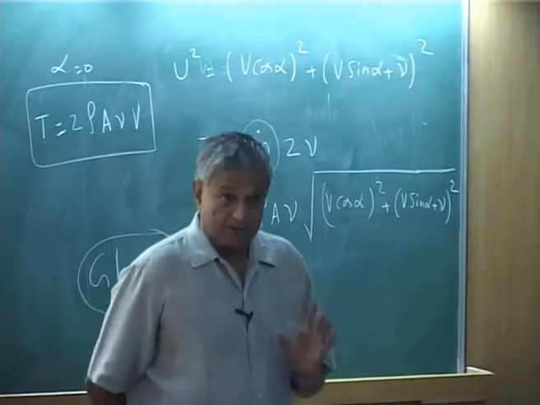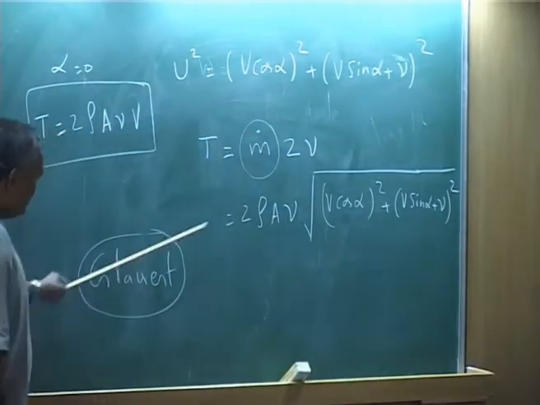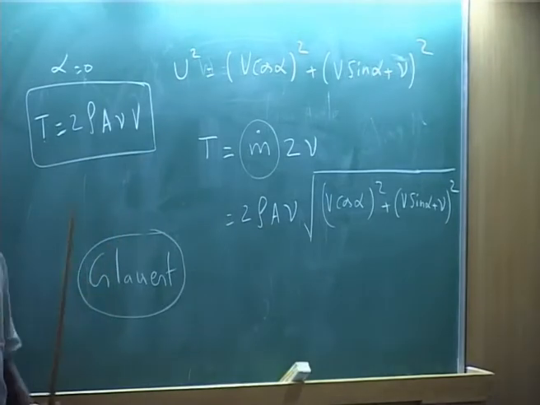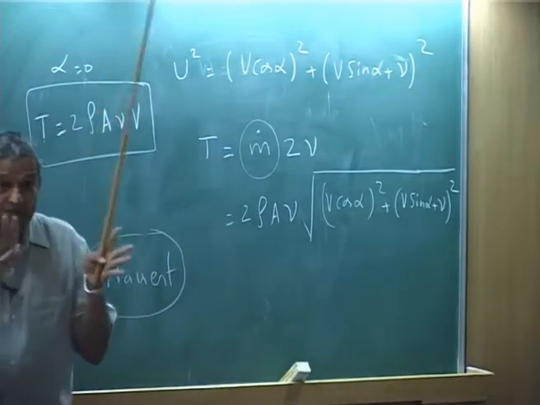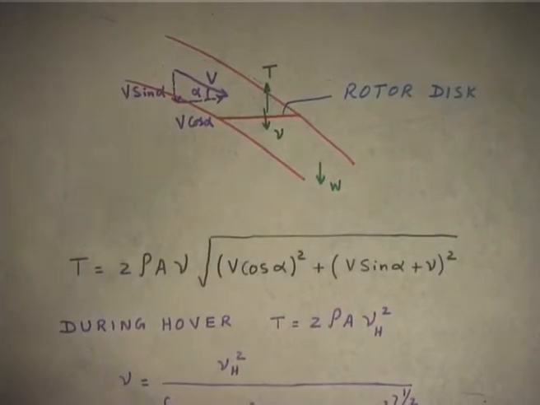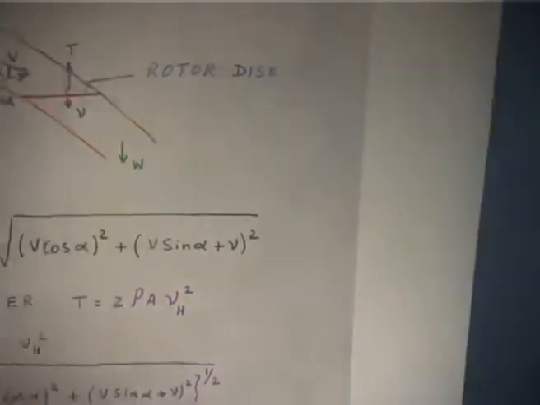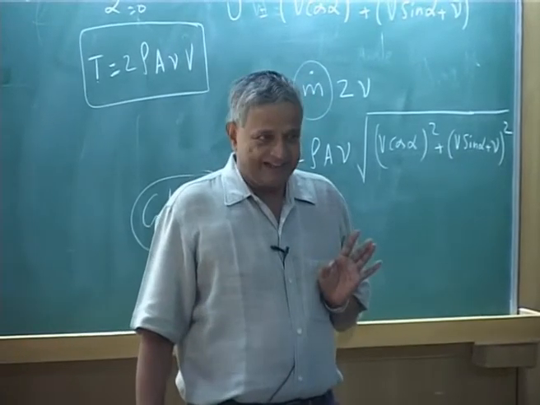That is the reason Glauert wrote this, you take this expression. Please understand, now you see my inflow is constant over the rotor disc, it is not varying along any radial location. Is it clear?